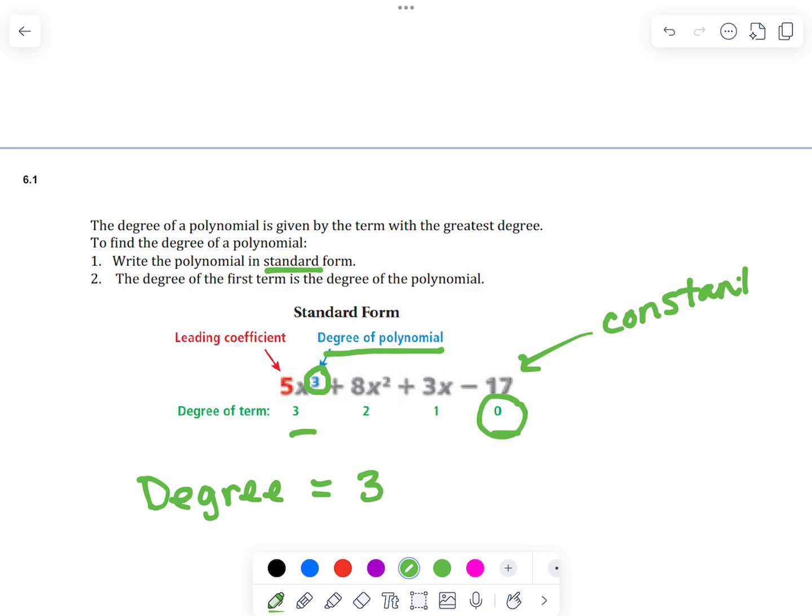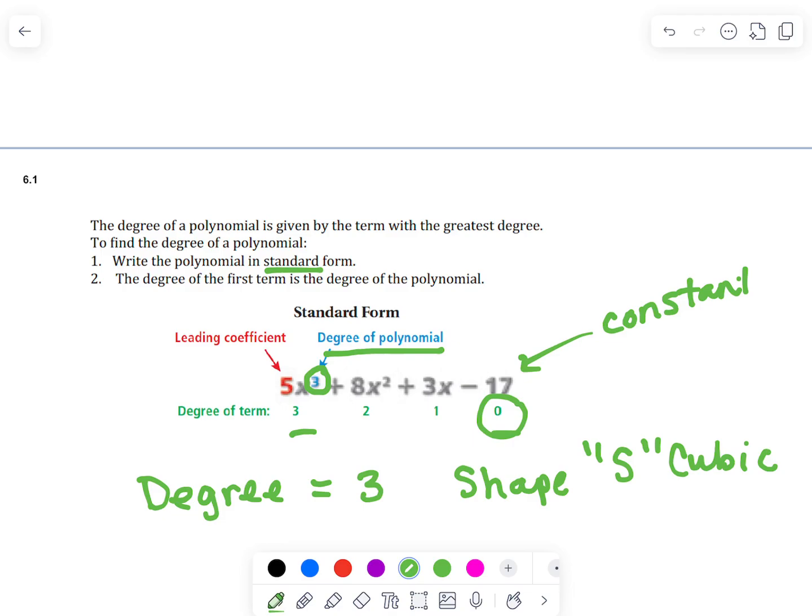And the benefit to that is it tells us the shape of the graph, whatever that degree is. So the shape of this graph is going to be what we call an S or a snake, because it's called a cubic function. Degree 3s are cubic functions.